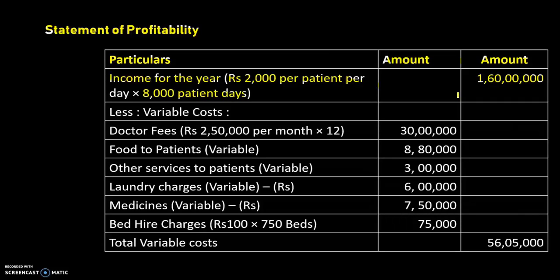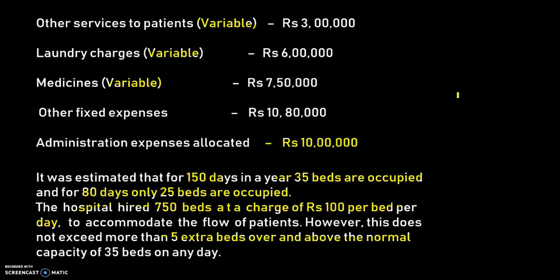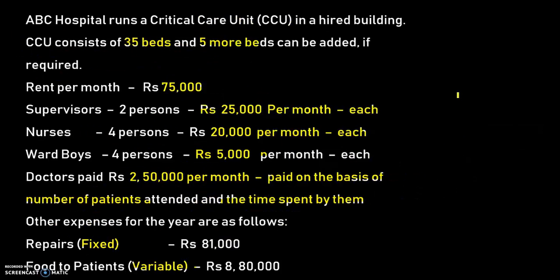Fine. Now let's focus on the expenses, and we'll divide the expenses, that is the cost, into 2, variable cost and fixed cost. What are variable, what are fixed? Already it is clear in the question. Let's go and visit them. If you look at rent per month, this is fixed. Supervisor's salary is fixed. Nurse, ward boy salary is fixed.